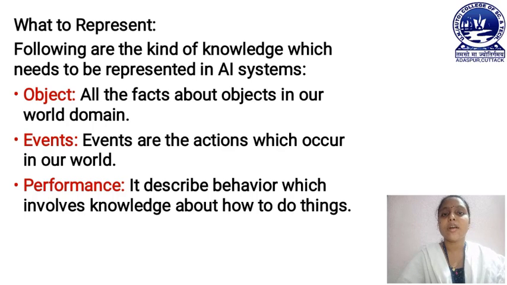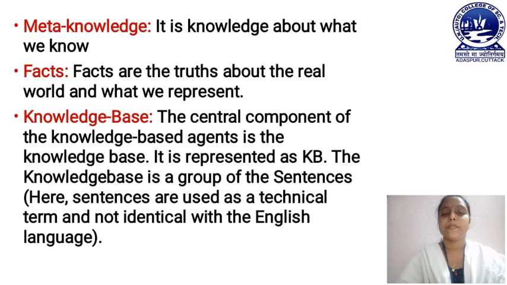Then next one is the performance, which describes the behavior of an agent. Then next, meta-knowledge. It is knowledge about what we know. Then next, facts. Facts are the truths about the real world.